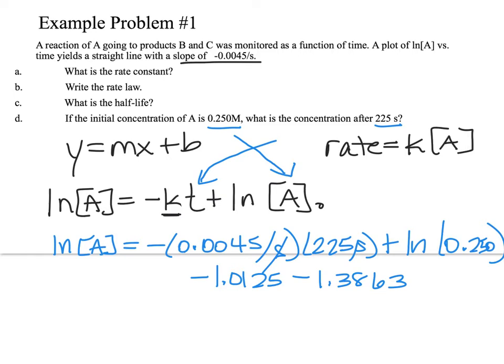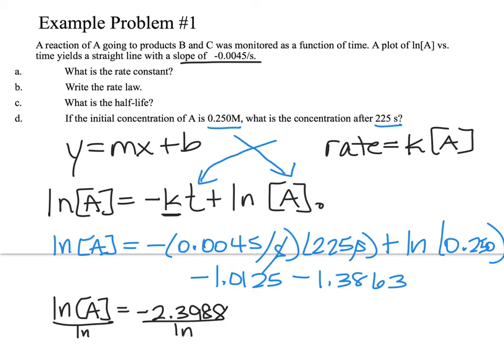That means that ln A is equal to negative 2.398. And so in order to find A, I need to divide both sides by ln.